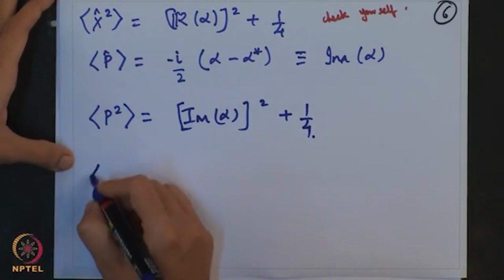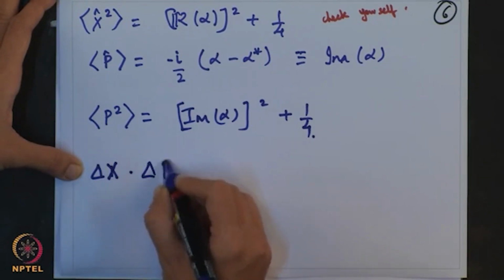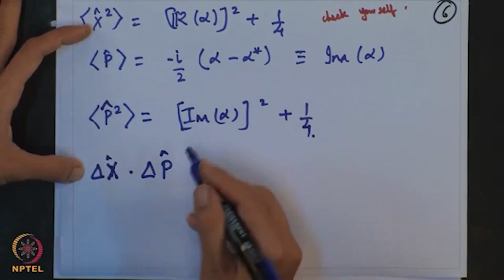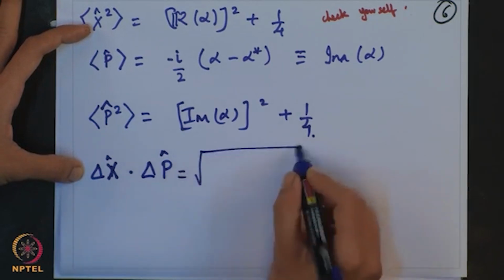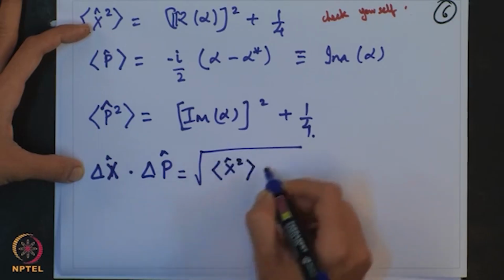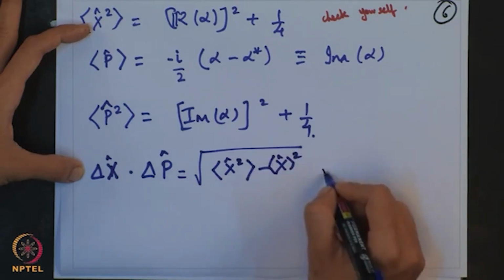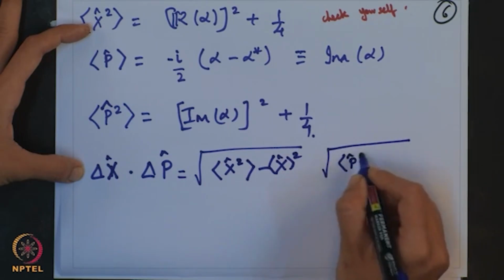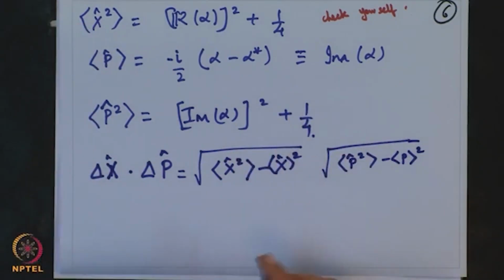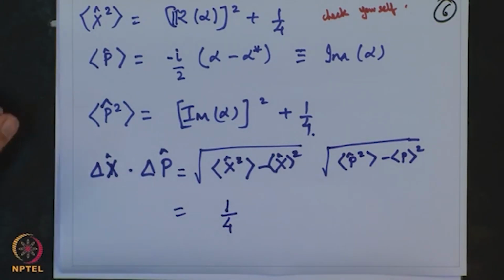Now, the next step would be to calculate delta x dot delta capital P. Delta x dot delta P will be the square root of, you know the definition, expectation value of x square minus x expectation squared, into similarly P square minus P expectation squared. We have evaluated all these, and when you substitute this, you will have something like this.